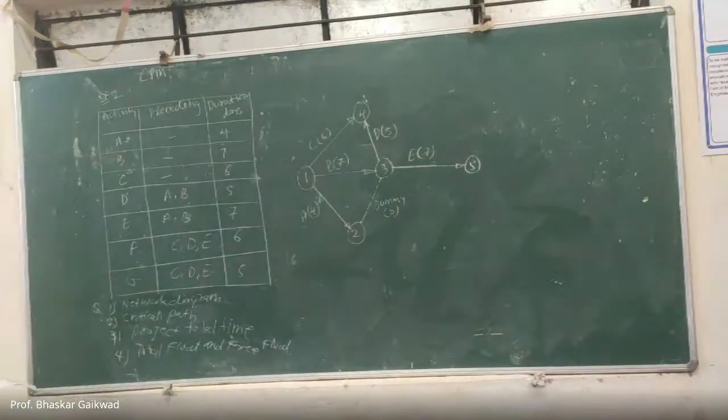Now C, D, E. From where will F start? It will start when C and D combine, as well as E also comes there, and from that F will start.